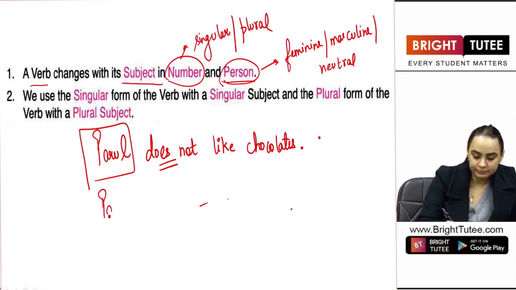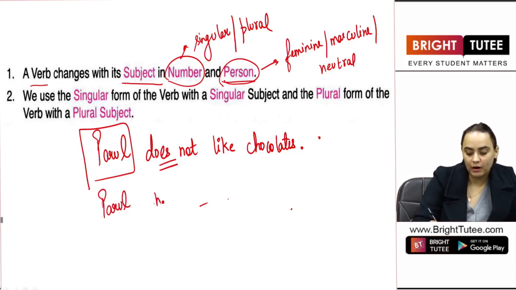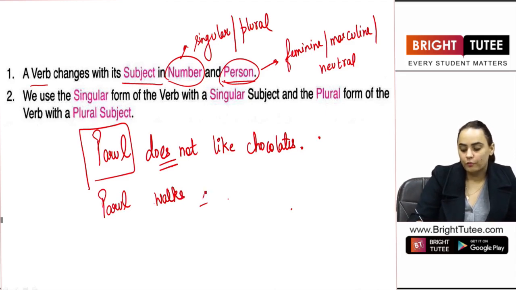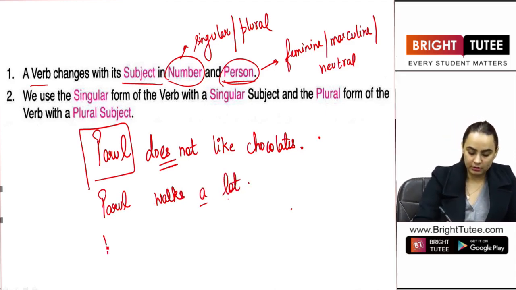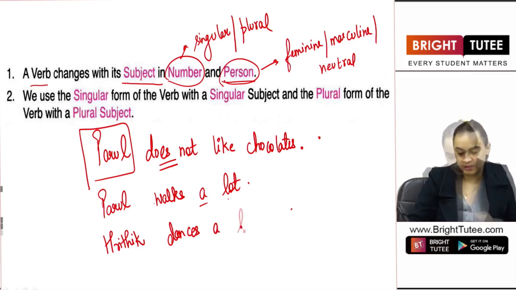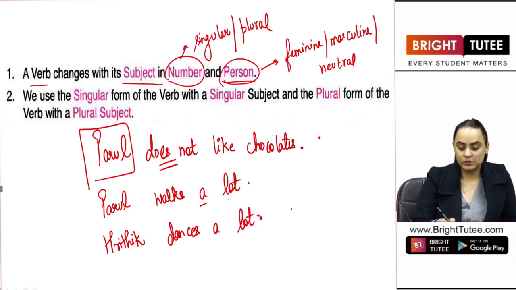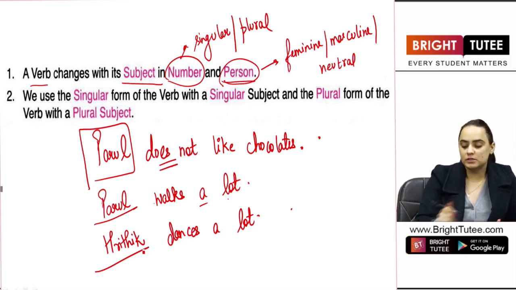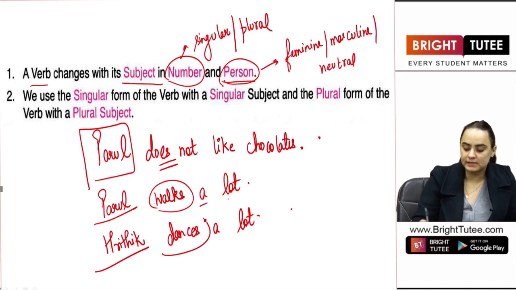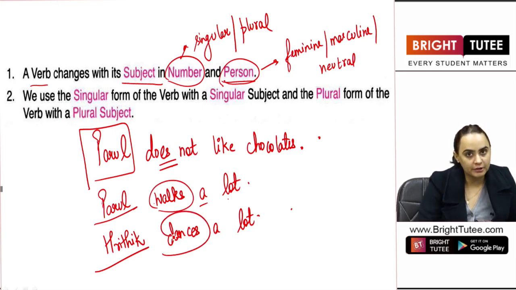Similarly, Parul walks a lot, or Ritik dances a lot. So my subject is singular in all these three sentences, and according to the subject my verb has been modified.